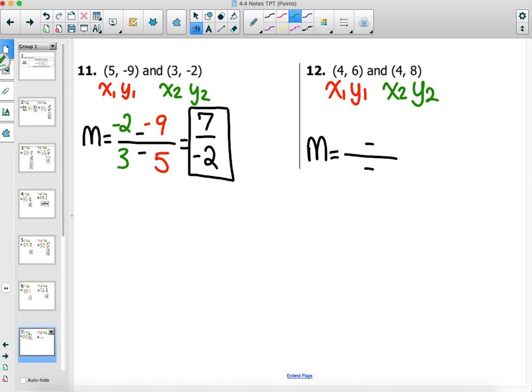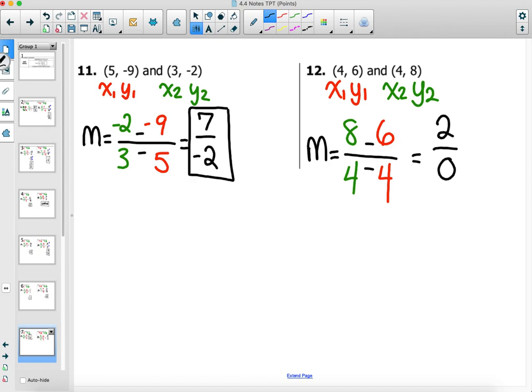Subtracting the y's on top, again it's y2 minus y1, so that'd be 8 minus 6. x2 minus x1, 4 minus this 4. We can then simplify. 8 minus 6 is 2. 4 minus 4 is 0.